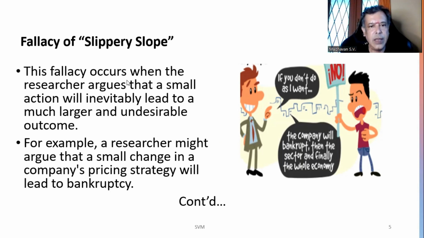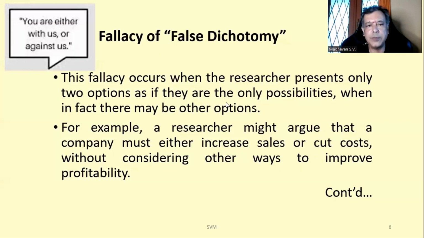So this fallacy occurs when the researcher argues that a small action will inevitably lead to a much larger and undesirable outcome. For example, a researcher might argue that a small change in the company's pricing strategy will lead to bankruptcy. So that is basically the fallacy of slippery slope.